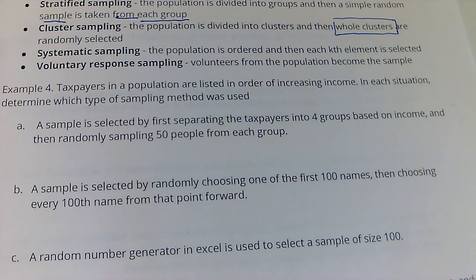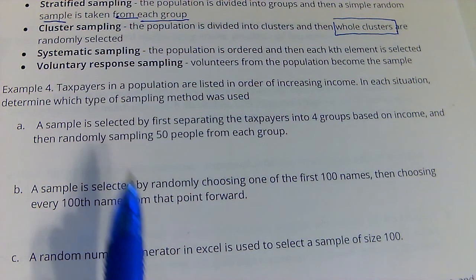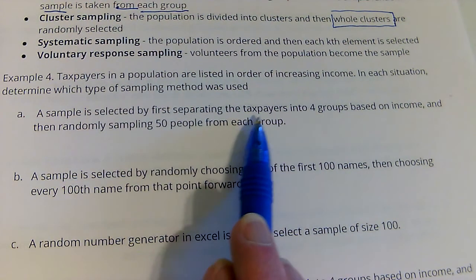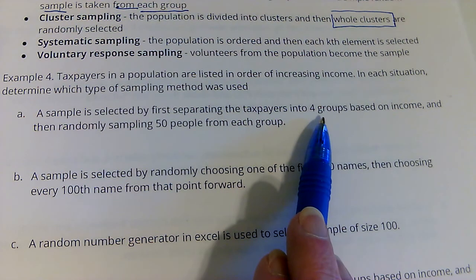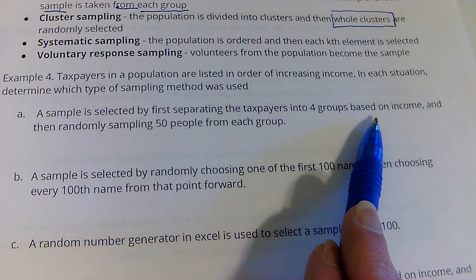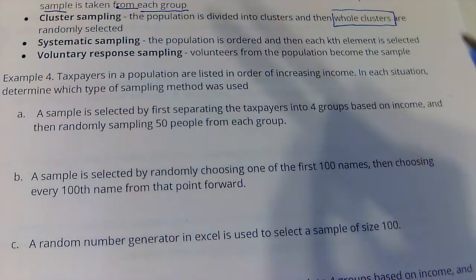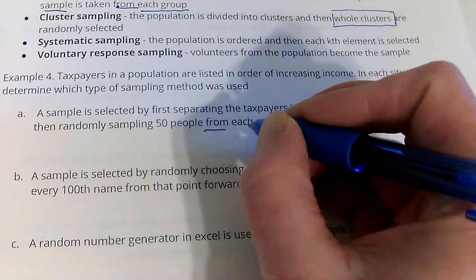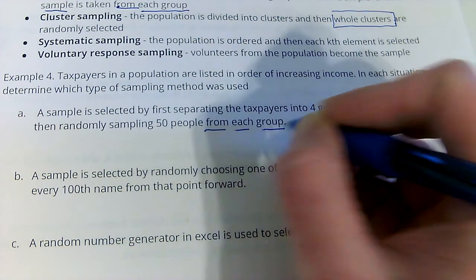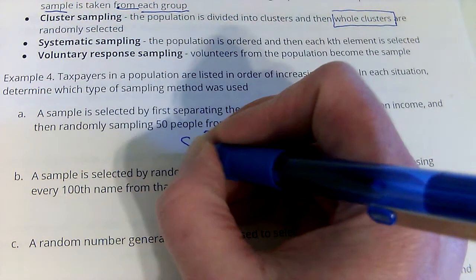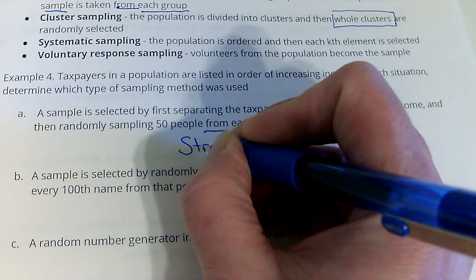Taxpayers in a population are listed in order of increasing income. A sample is selected by first separating the taxpayers into 4 groups based on income, and then randomly selecting 50 people from each group. From each group is stratified.